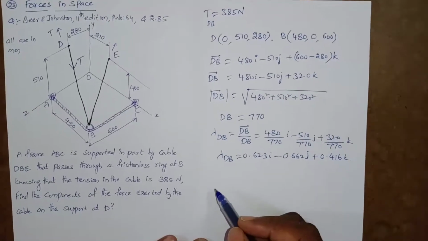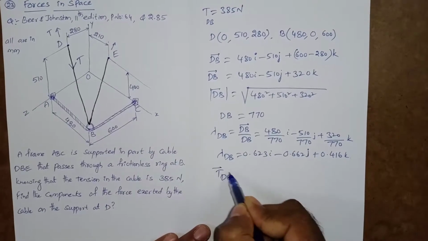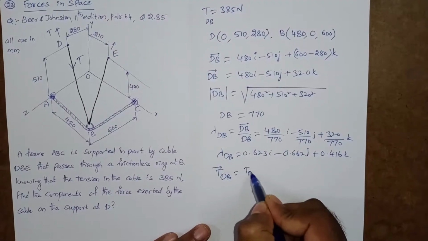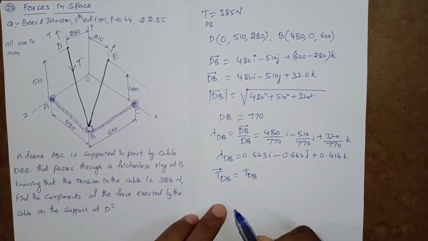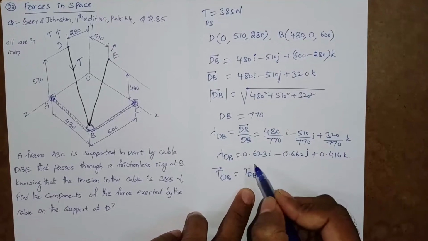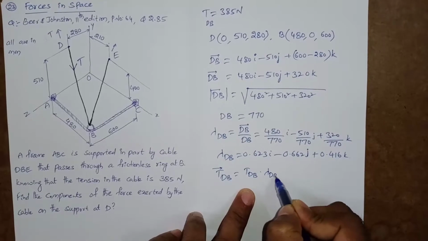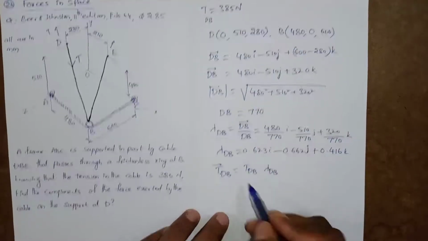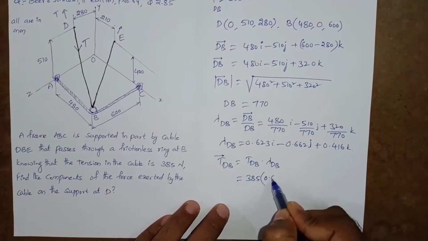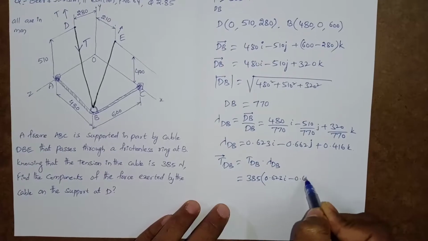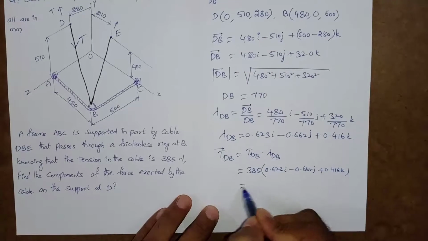Now we can write this tension along DB, that is T DB, as magnitude times direction, because force is a vector which has magnitude and direction. The magnitude is 385 and the direction is the unit vector lambda DB.